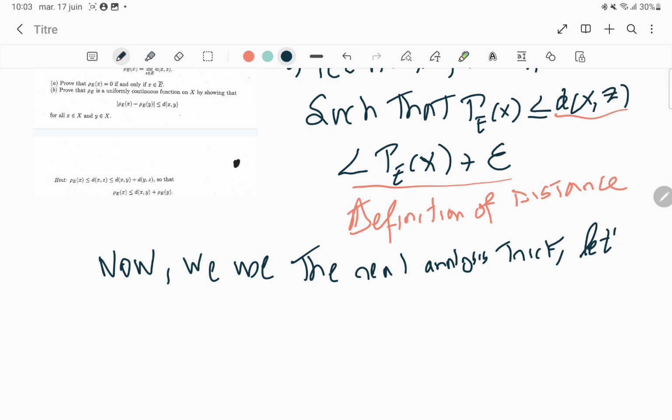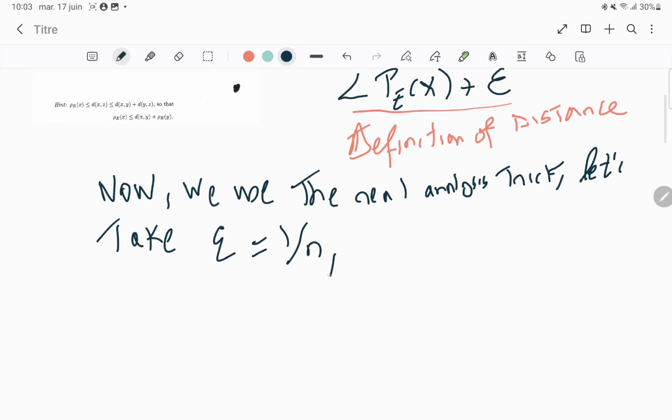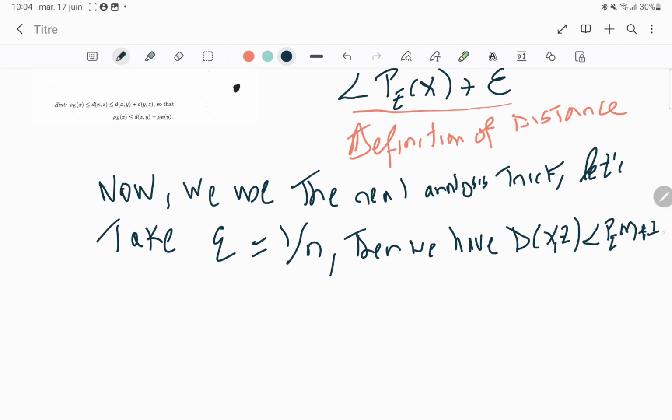Let's take epsilon equal to 1 over n. Then we have the distance d(x, z) smaller than ρ_E(x) plus 1 over n.